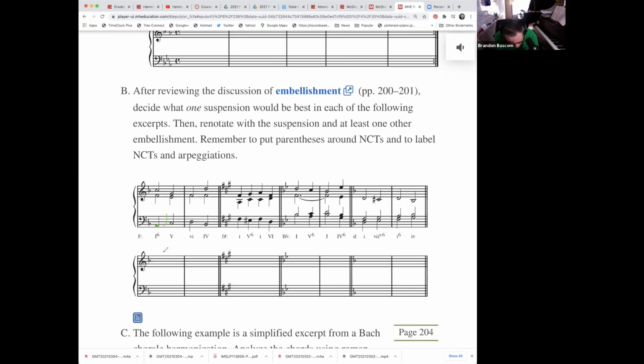Say again, Catherine? Well, I was thinking a suspension from the 6 to the 4, but I don't think we could do that. We can do anything we want.